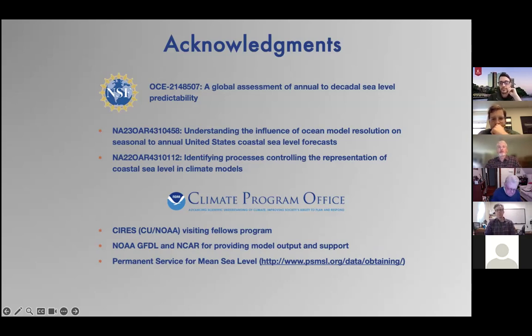The first one, where I was looking more at the tide gauge to model point-wise comparison, we're forced with the same atmosphere. The only difference there, and it's just an ocean model, is that it is downscaled to the grid resolution of the ocean model.